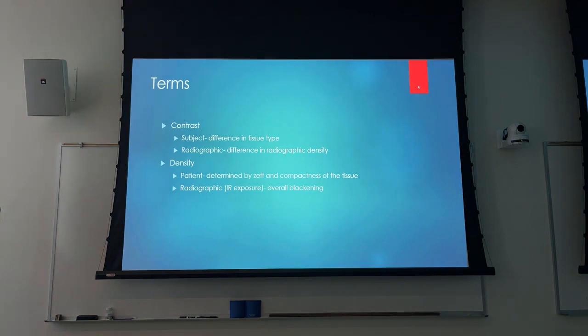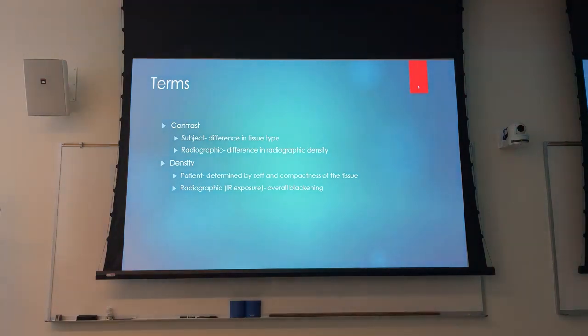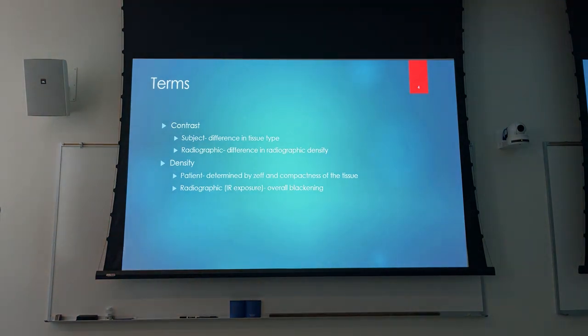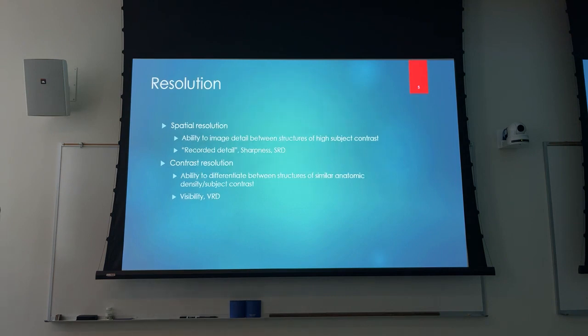And that controls, again, our differential absorption in those tissue types. And radiographic density is inversely proportional to patient density. As patient density goes up, radiographic density for that tissue type goes down. So radiographic density is the darkening of the image, be it the entire image or the individual tissue type that we're looking at.